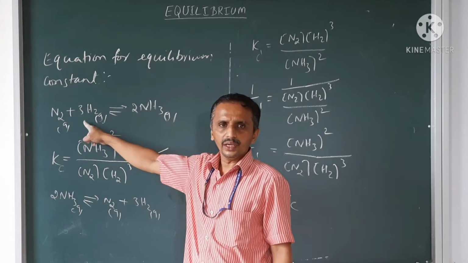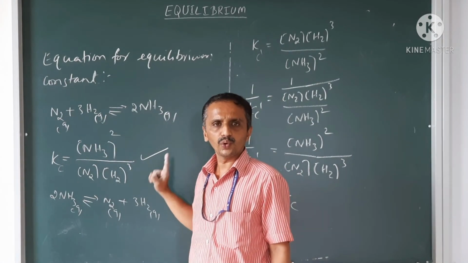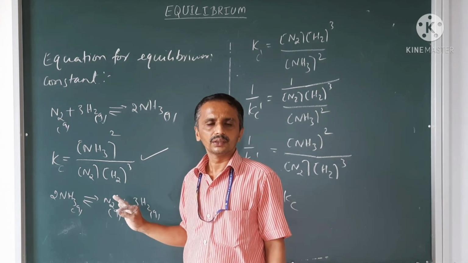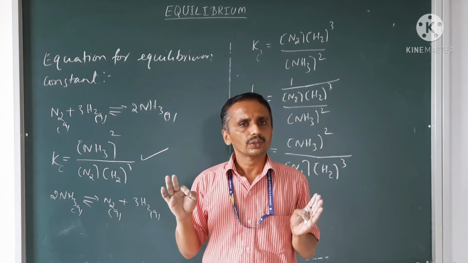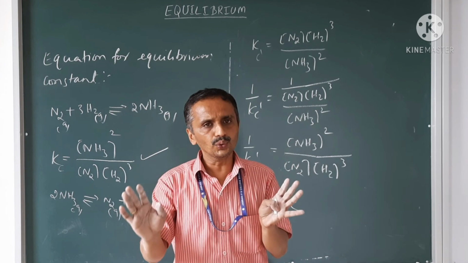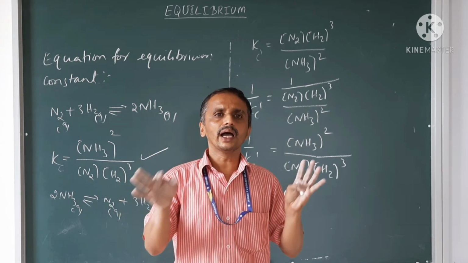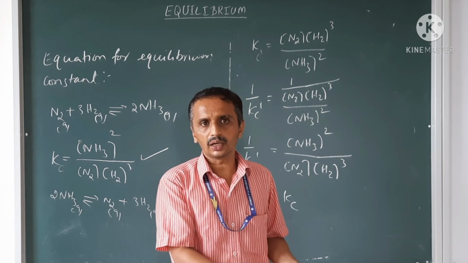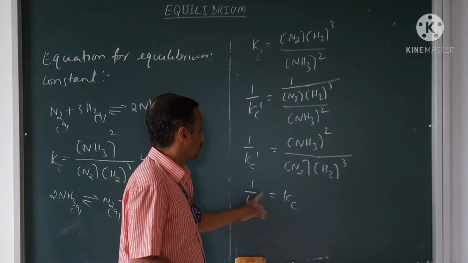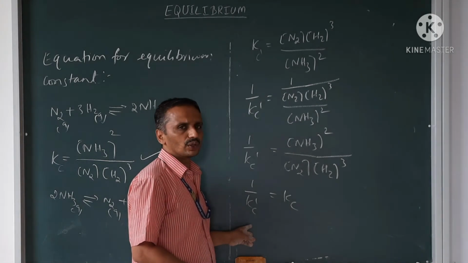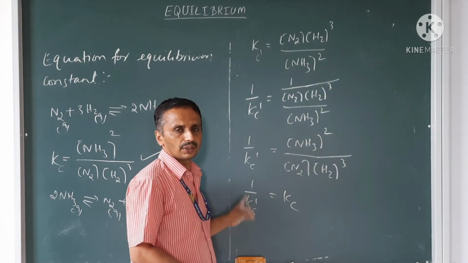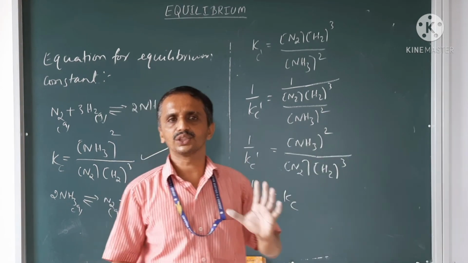See, whenever a reaction is reversed without changing the concentration over there, then the new equilibrium constant and the previous, means before reversing, are related as Kc is equal to 1 over Kc dash. Kc is equal to 1 over Kc dash. This is the relation over there.